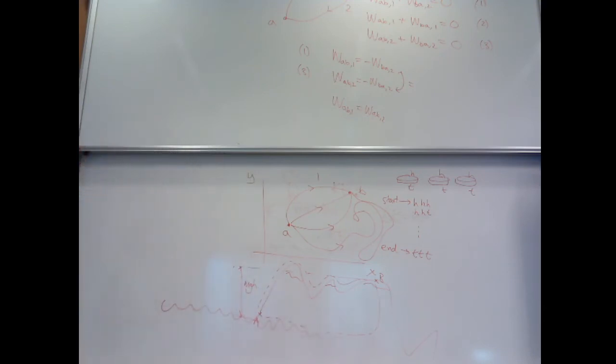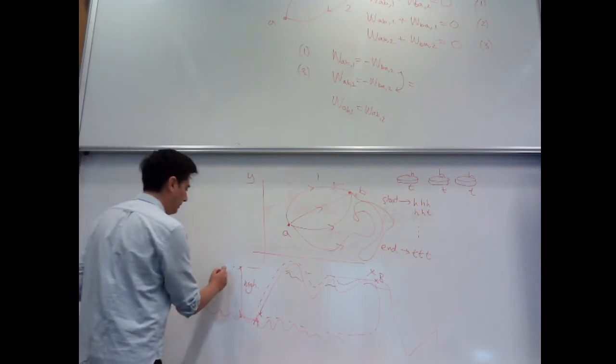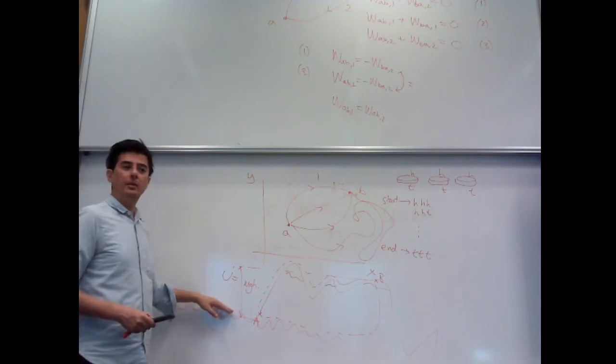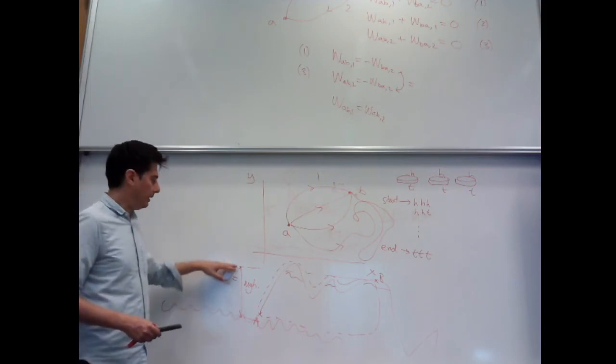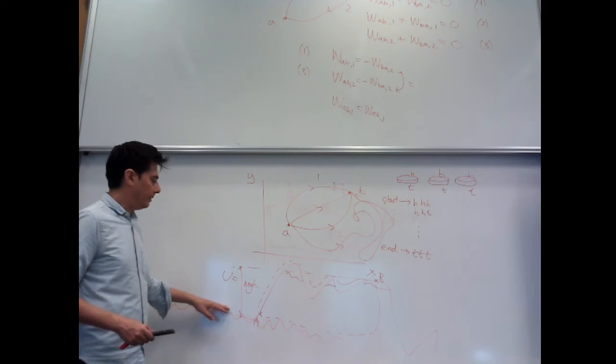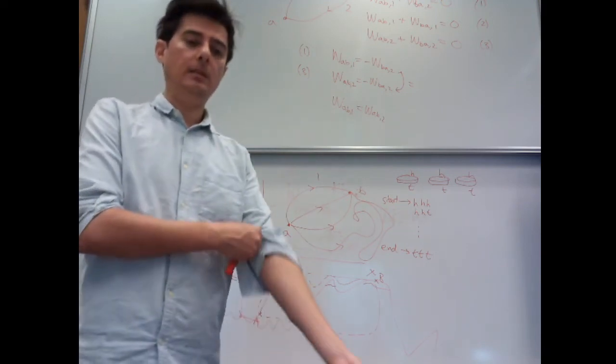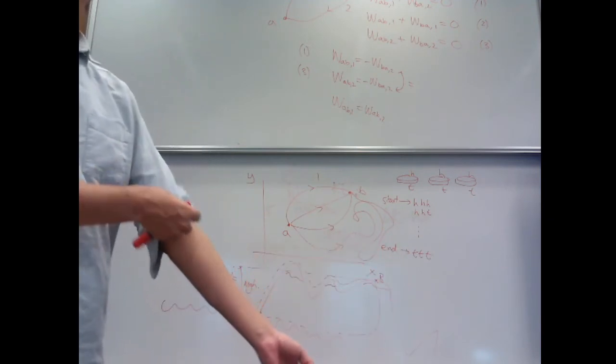So we could define basically the gravitational potential energy to be mgh, where this h is defined with respect to sea level. And it wouldn't really matter if somebody else used a different convention.